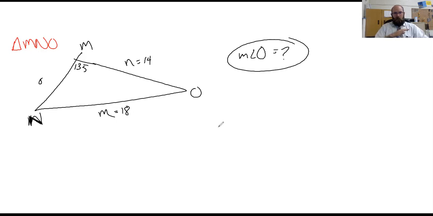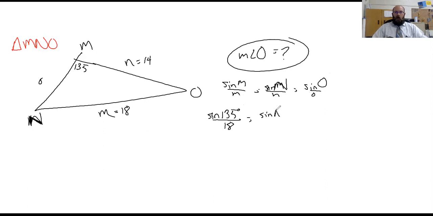First thing I'm going to do is set up all of these as ratios. So that's going to be sine M over m, sine N over n, and sine O over o. Okay, when I now substitute in the numbers, I have sine 135 over 18. Awesome.